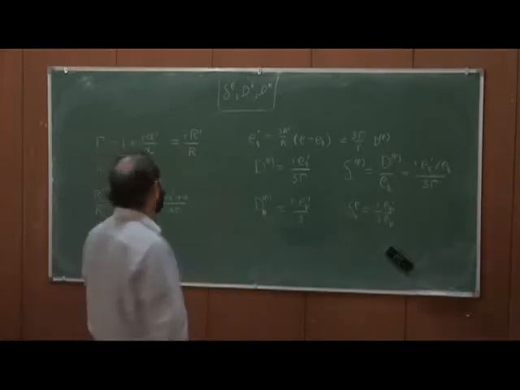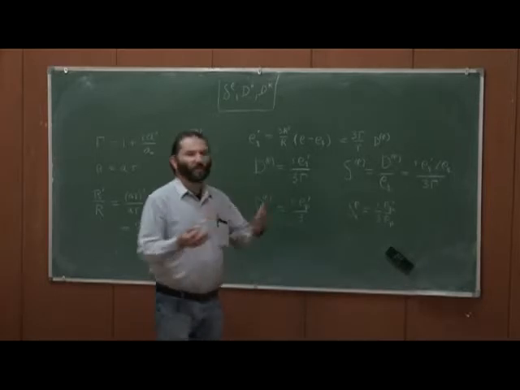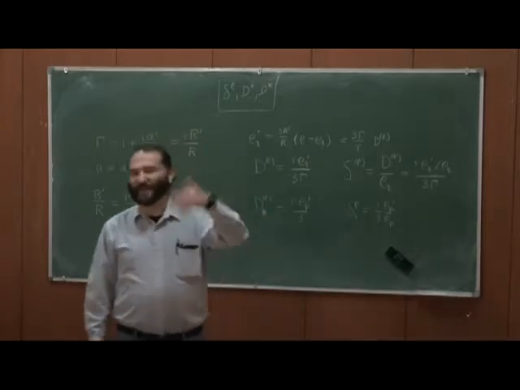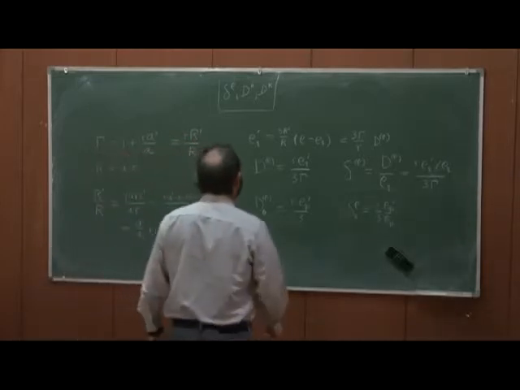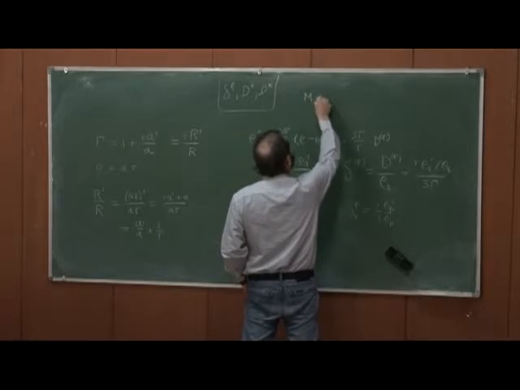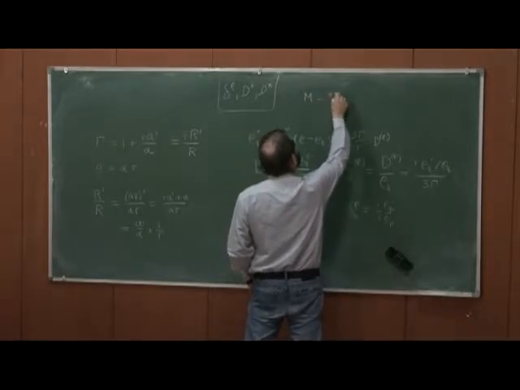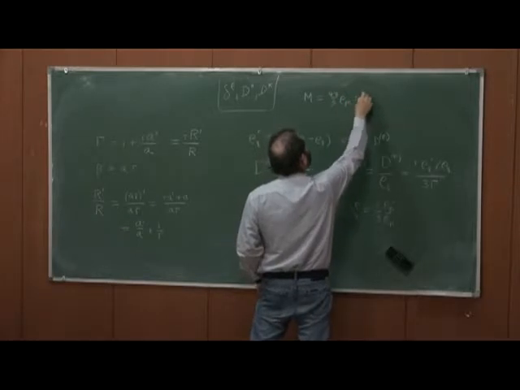Now, as an exercise, how do you relate these quantities to the old variables? Remember the m, capital K, and Q. How do you relate them? Well, very simple. You relate them, because you bear in mind that m, right?